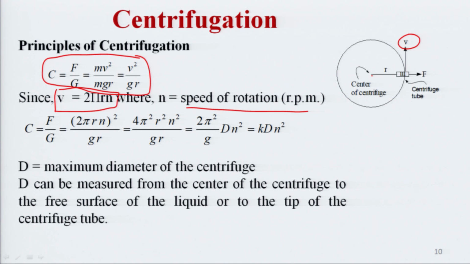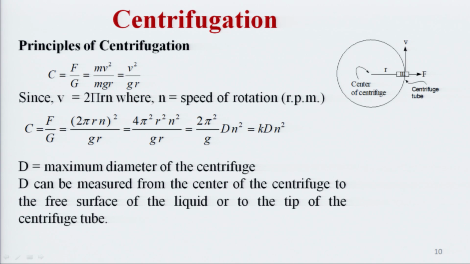So, putting the value of v in this equation, C is equal to, in place of v, we put 2 pi r n whole square upon g r. From this the equation changes to 4 pi square r square n square upon g r.